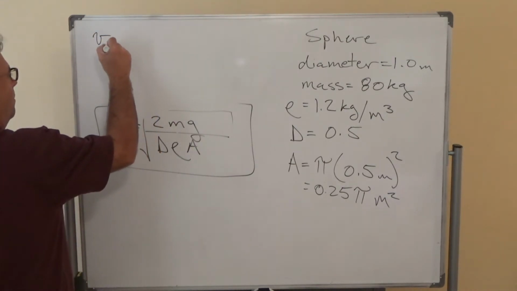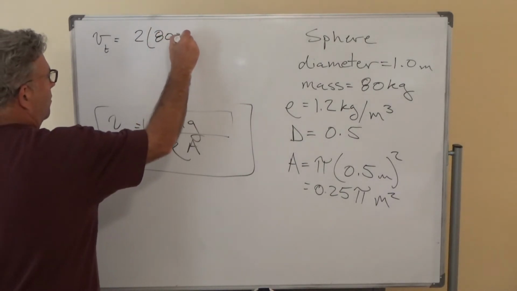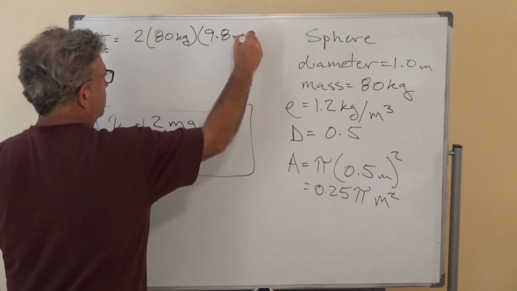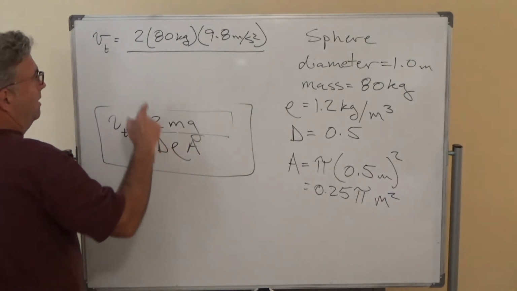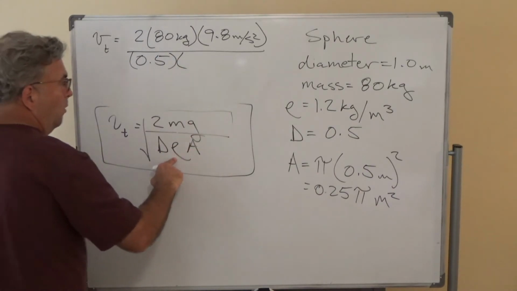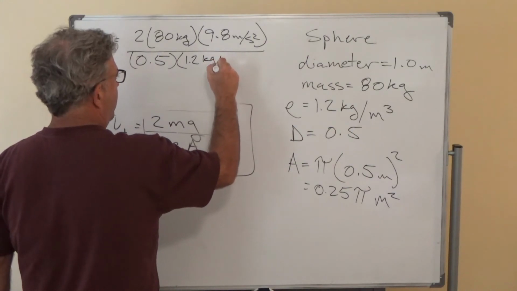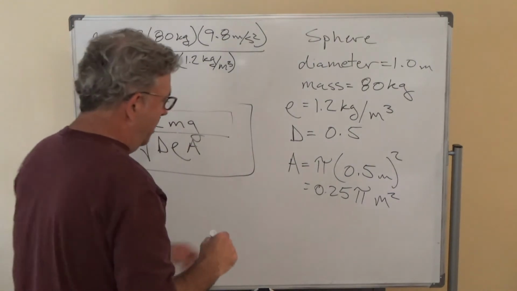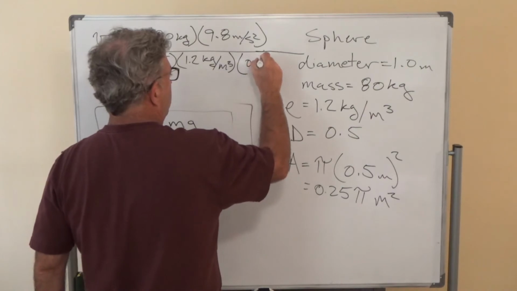So V terminal is equal to 2 times 80 kilograms times 9.8 meters per second squared divided by D, 0.5, times rho, 1.2 kilograms per cubic meter, and the area is 0.25 pi.